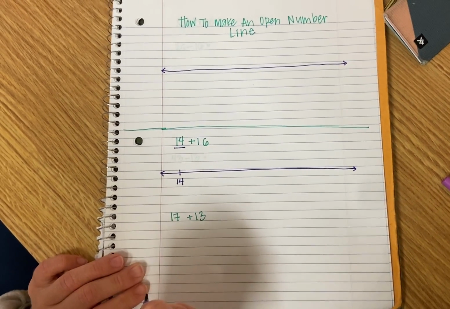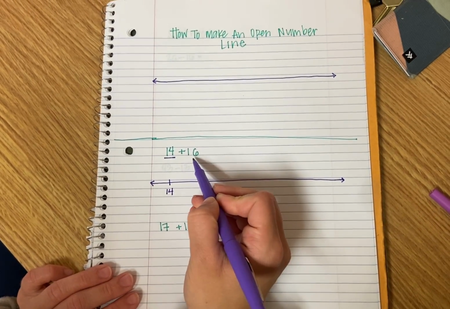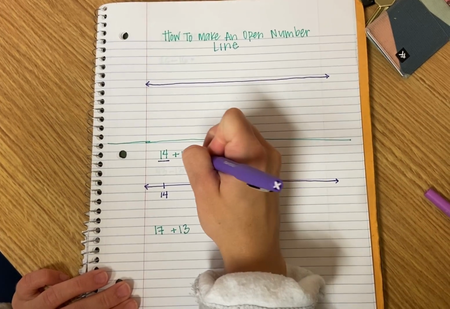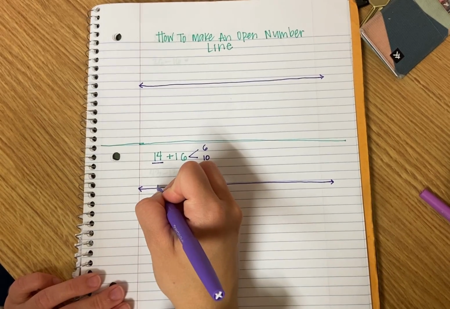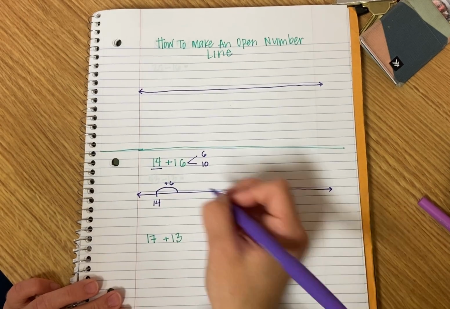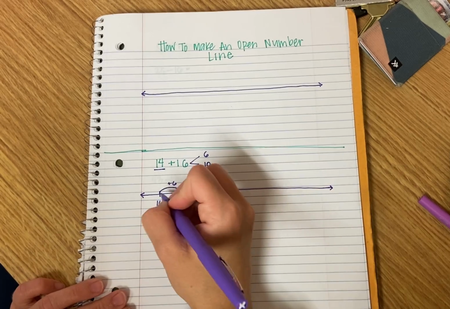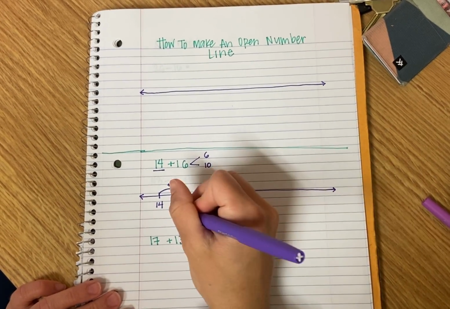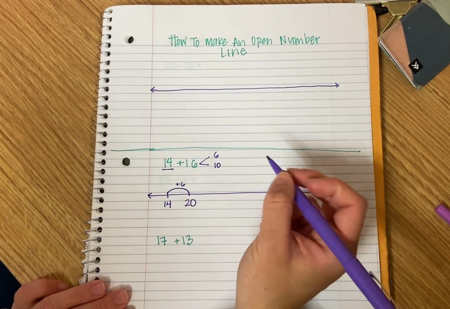And yesterday we talked about how we can decompose numbers. So we can decompose the number 16 to 6 and 10. So we're going to add 6 to 14, which will get us to 20, which is always great to try to aim to get ourselves to a benchmark number like 20 or 30 or 40, any number like that that's easy to count from.